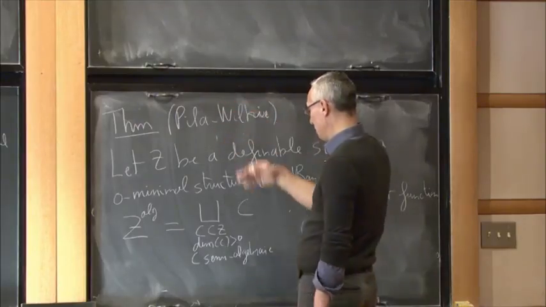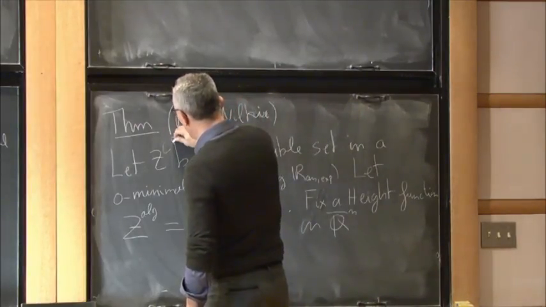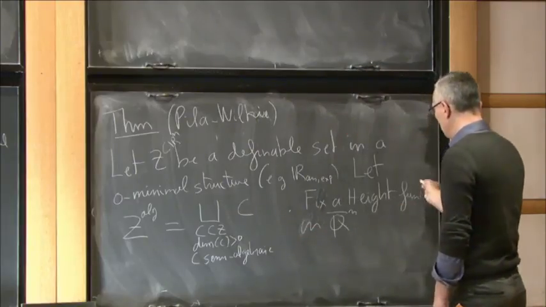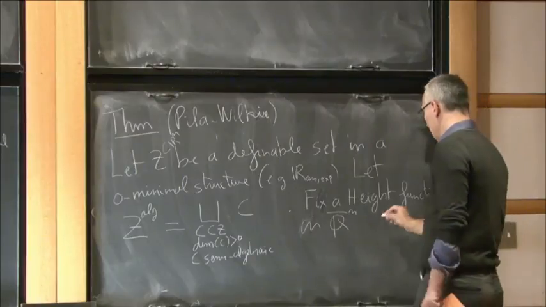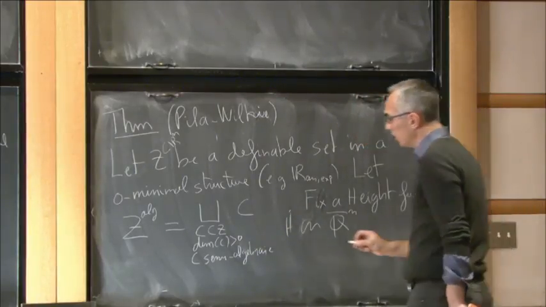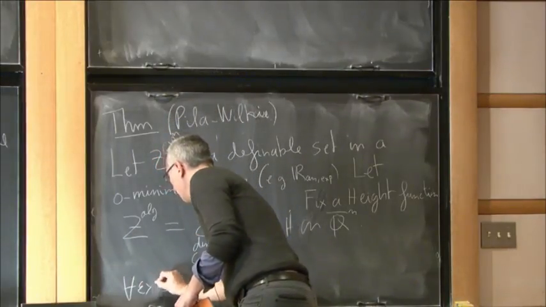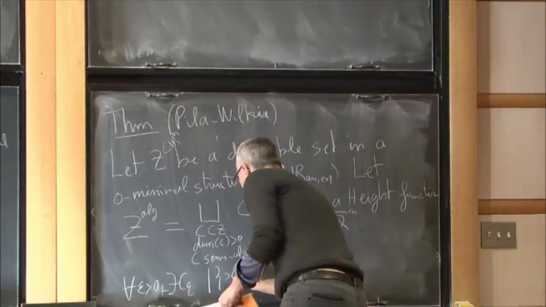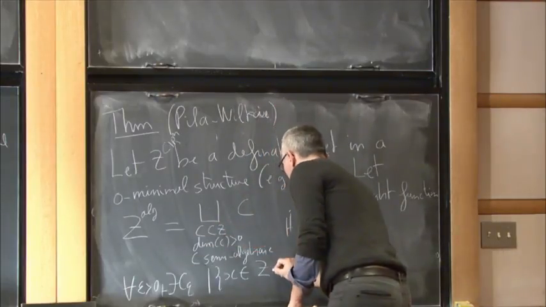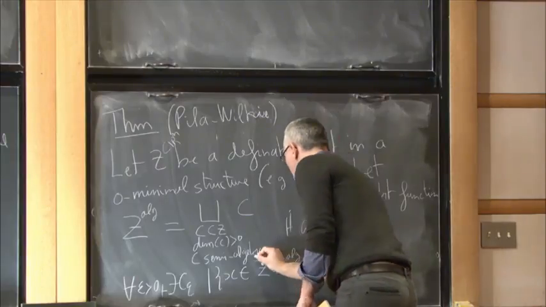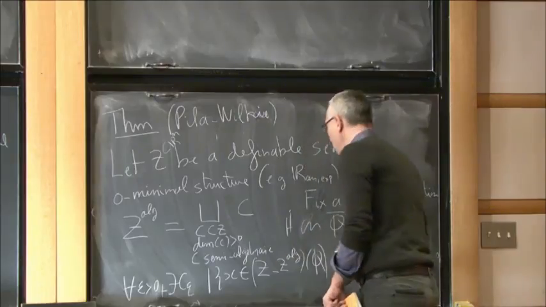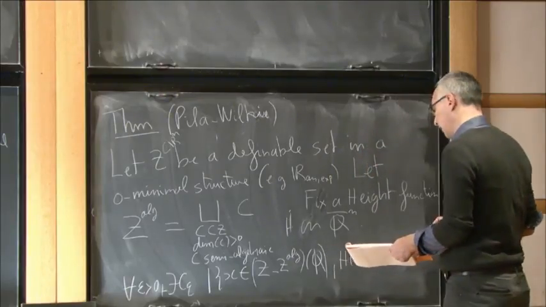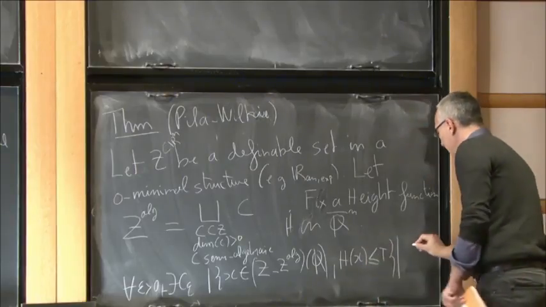So Z, if it's definable, it's in some R power n, and you have Q bar power n inside R^n, and you define a height function, maybe H. And so the statement is that if you take the set of points which are not in the algebraic part, with values in Q bar and with height less than C, then this set cannot be too big.